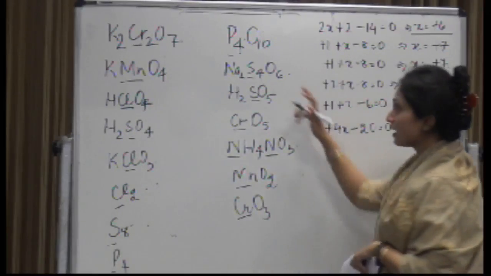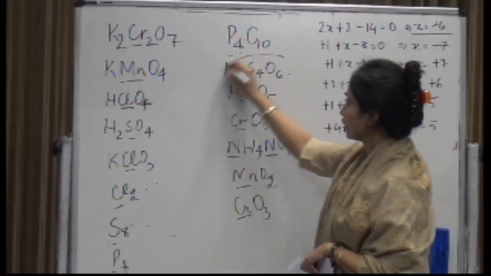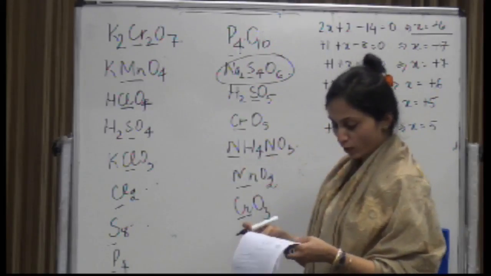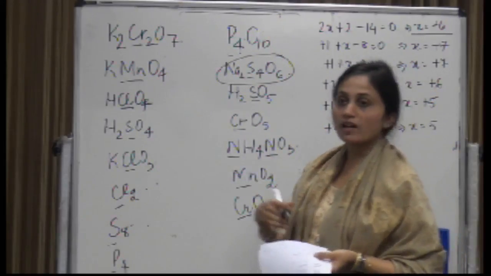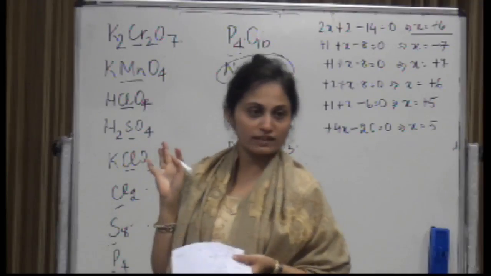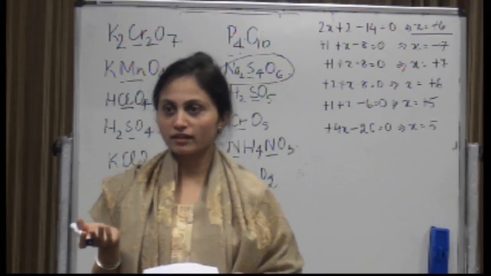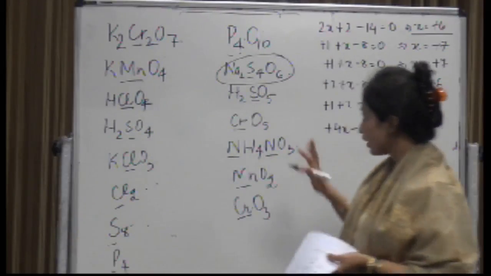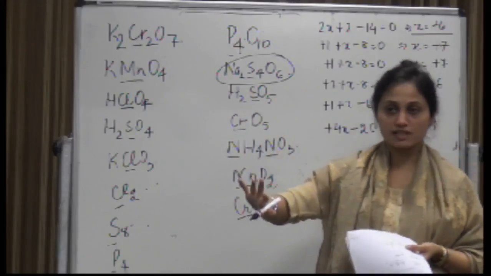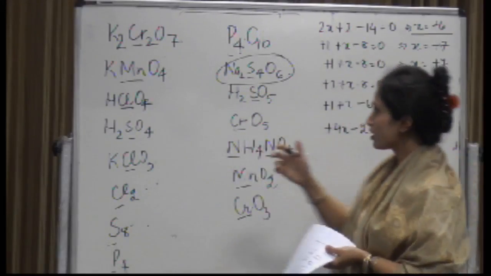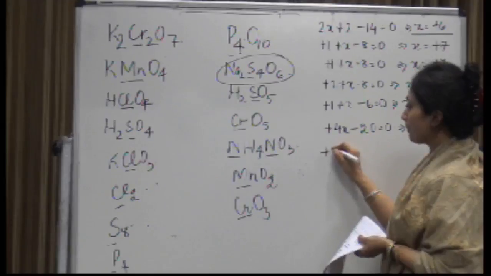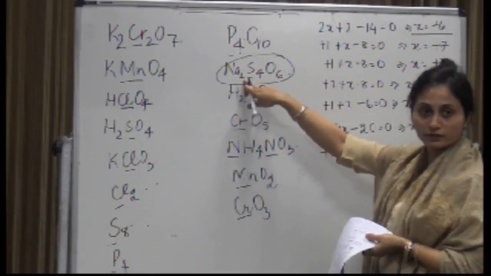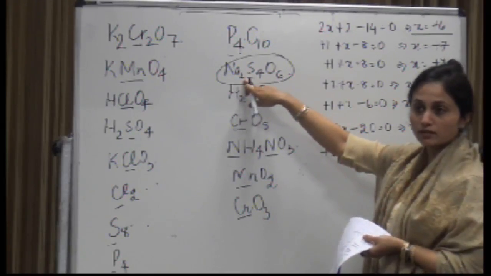Now look at this particular molecule, Na2S4O6. You are ignorant about the structure of Na2S4O6 because we haven't done it, and I know you haven't done it. So there are two ways of looking if the structure is given. One, you can always check it by the simple way, plus 2. I am talking about Na2S4O6. Look up, time's already up.